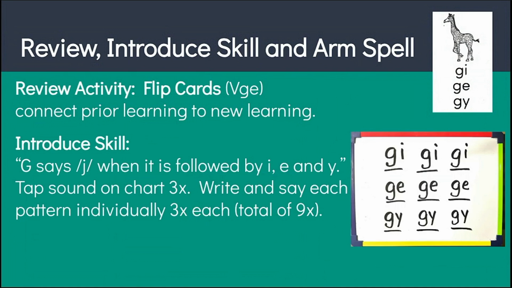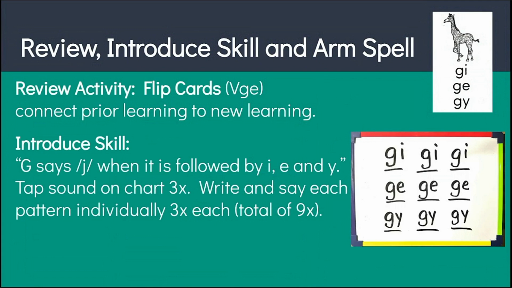GE, J, GE, J, GE, J, and finish with GY. Writing each sound individually builds each pattern individually, which is helpful for students who struggle with moving new learning into long-term memory. The writing of the letters while saying the sound helps to map the skill into long-term memory.